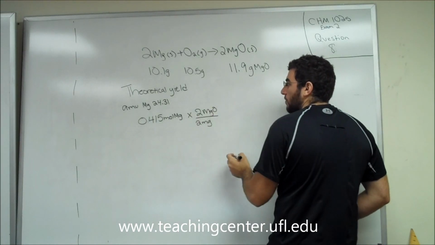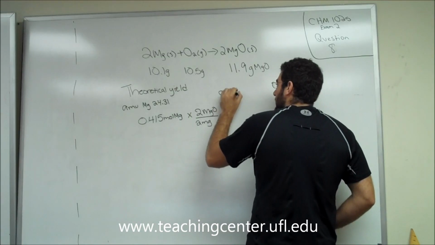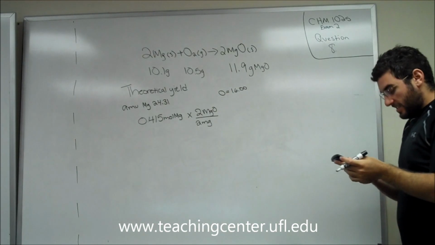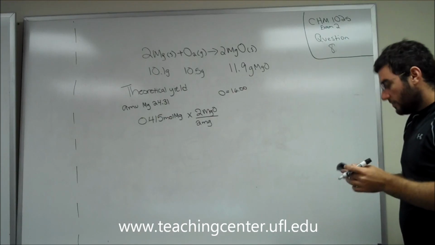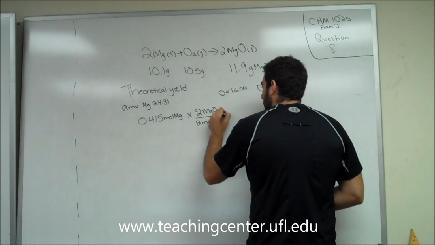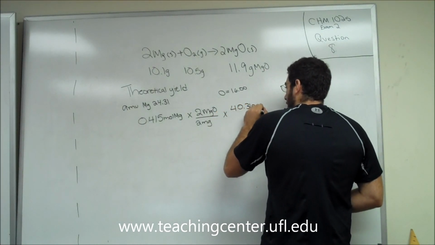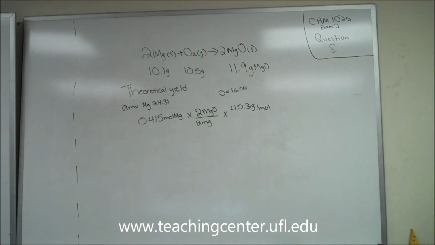Magnesium, we said, is 24.31, and oxygen is equal to 16.00. So the molecular mass is 16 plus 24.31, 40.31. So we're going to multiply it by 40.31 grams per mole. And if we do that, we get 16.7.